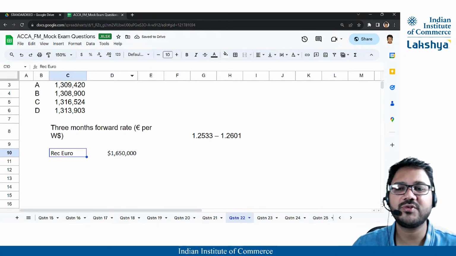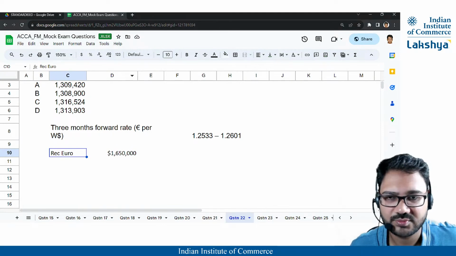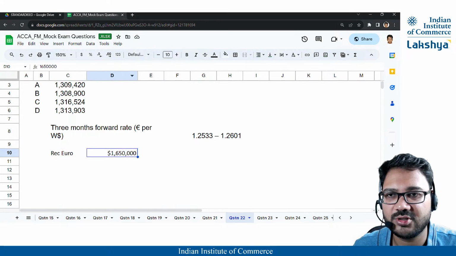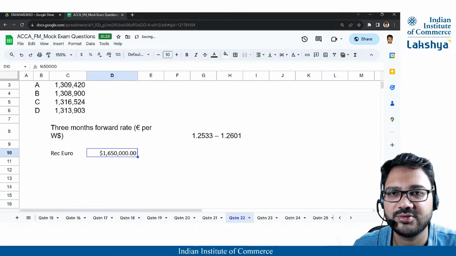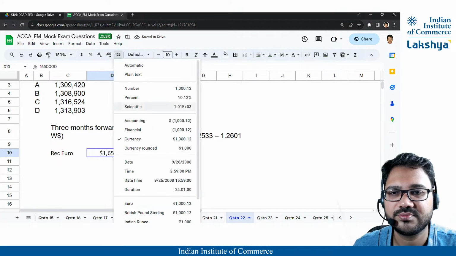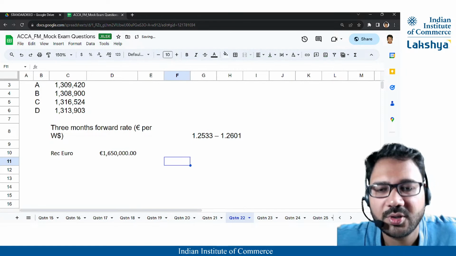We are to receive euros 1.65 million. Sorry, this is not dollars, this is euros. Let me just change the currency to euros.